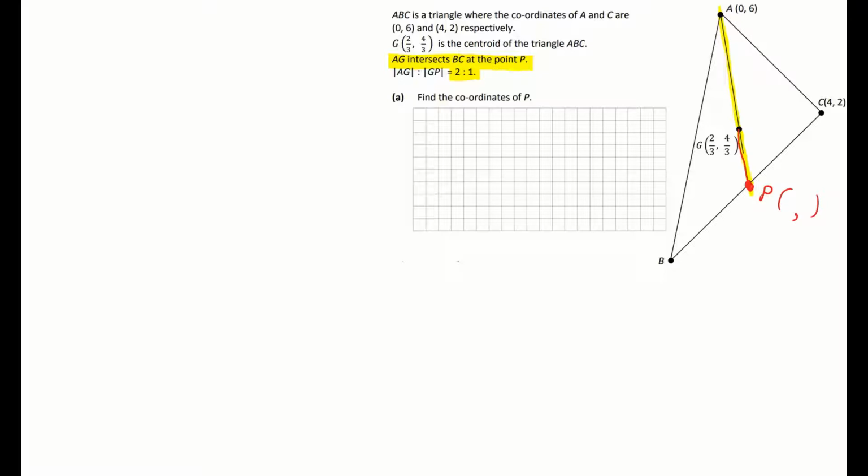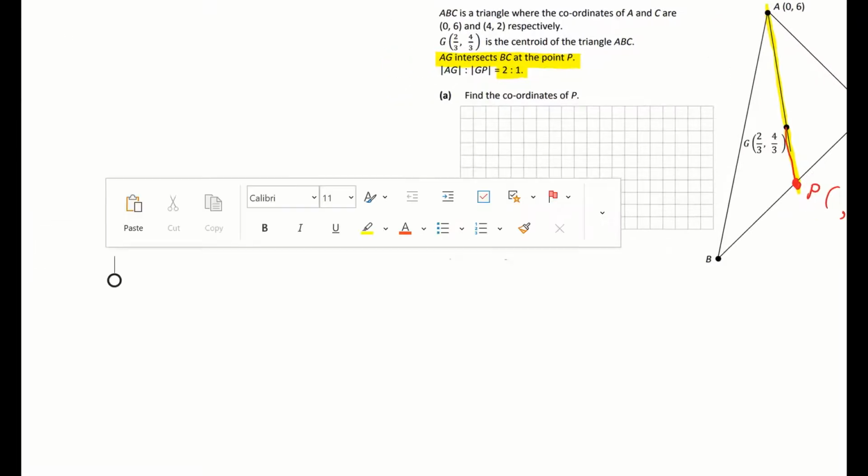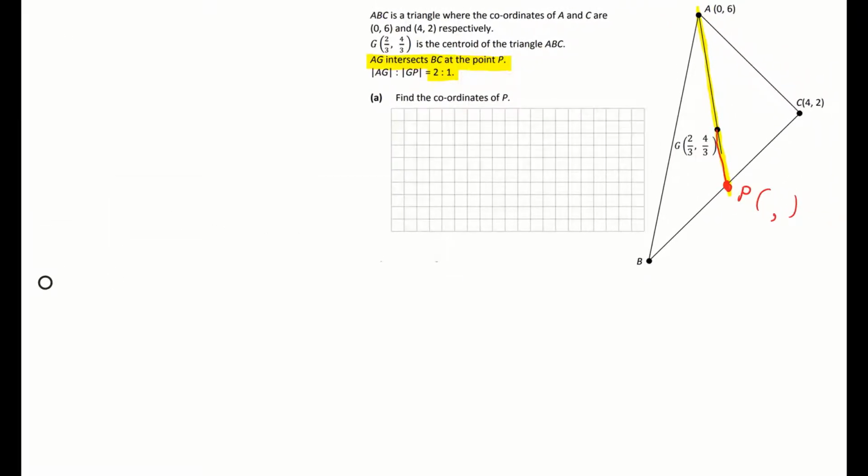If I was to sketch out that line segment from A to P through G, let's see what it would look like. I'm sketching the line segment from A through G onto P. They basically want us to find the coordinates of P. They've given us the coordinates of A, which is 0, 6, and the coordinates of G, which is 2 over 3, 4 over 3.